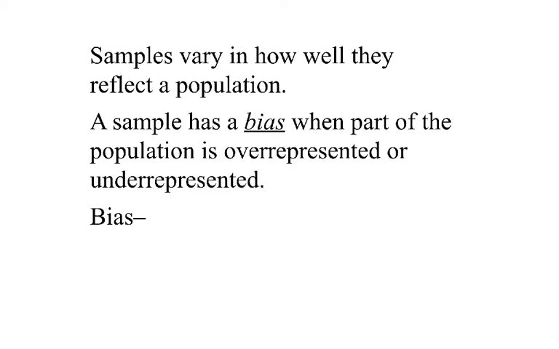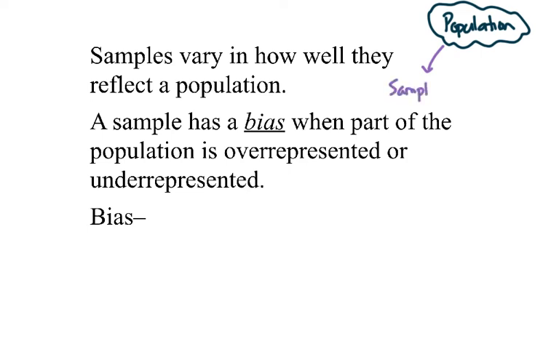So samples vary in how well they reflect a population. Ideally, we want our sample to be a smaller version of our population. Sometimes, depending on our sampling method, our sample will not look like our population, and different samples could look different ways.